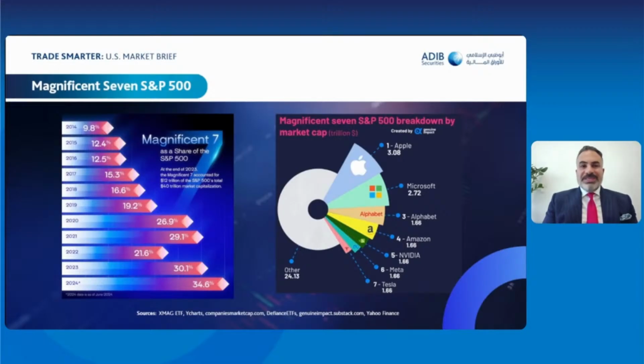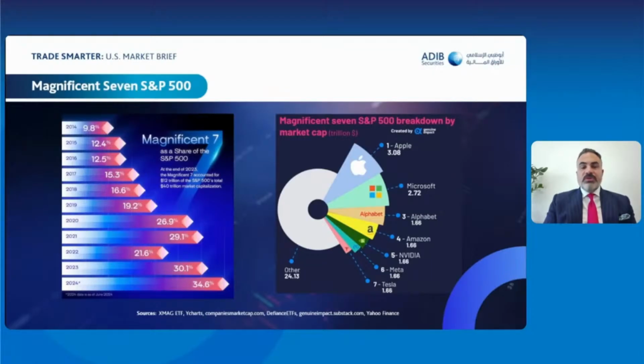Now, to show you the significance of the Magnificent Seven in comparison to the S&P 500, which is the 500 largest stocks on the index of the S&P. In the past 10 years, you see that the influence has been growing from 2014, around 9% of the S&P 500, the Magnificent Seven that is, and then growing to the last year, 2024, to around 30%.